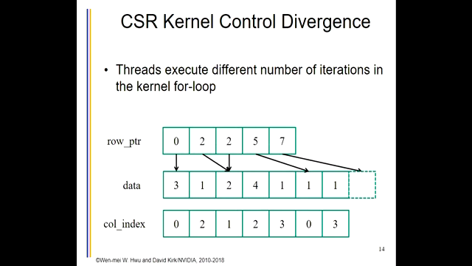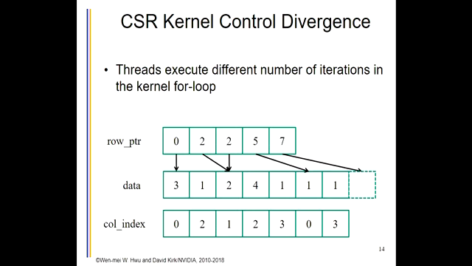So you may have adjacent threads that iterate a very different number of times, because this is random. You may have a row followed by another row. One row may have a few hundred non-zero elements, and the next one may only have 2 elements.